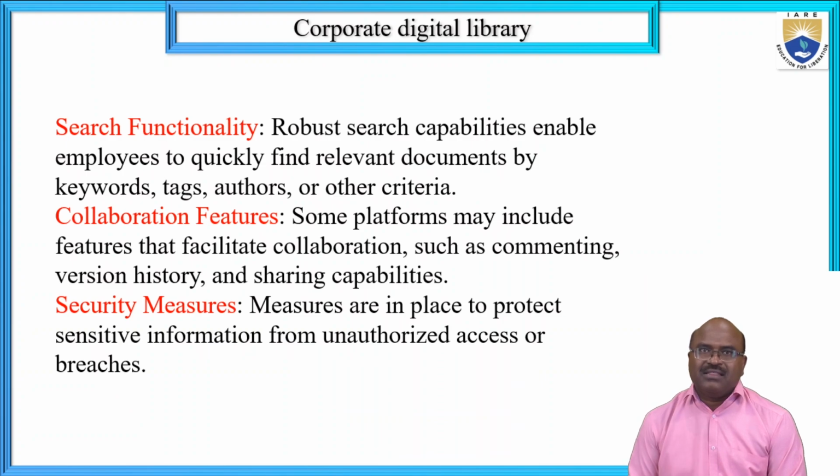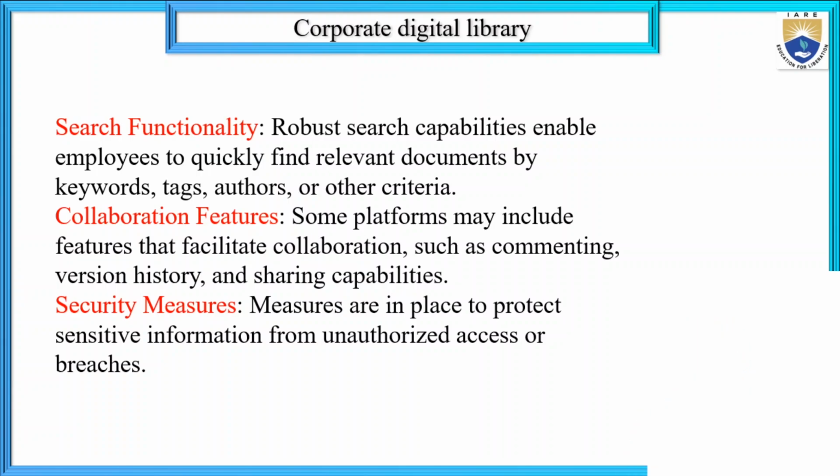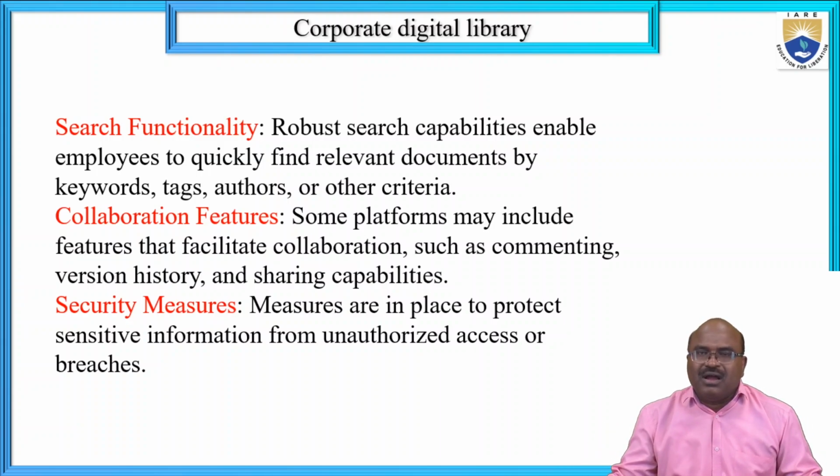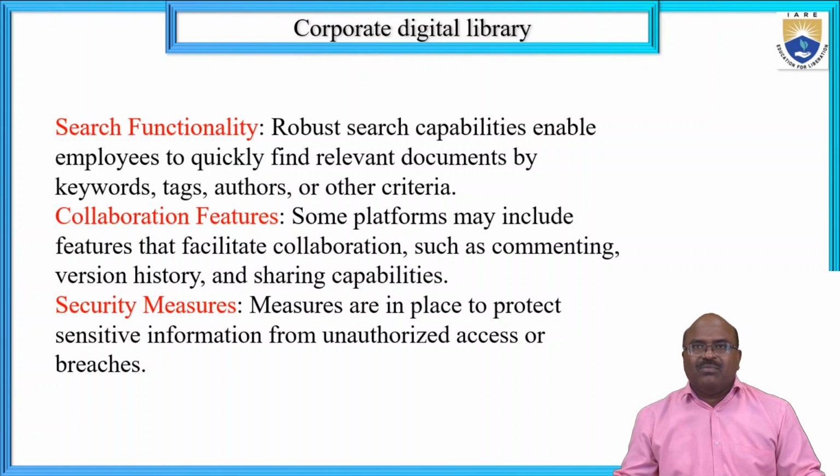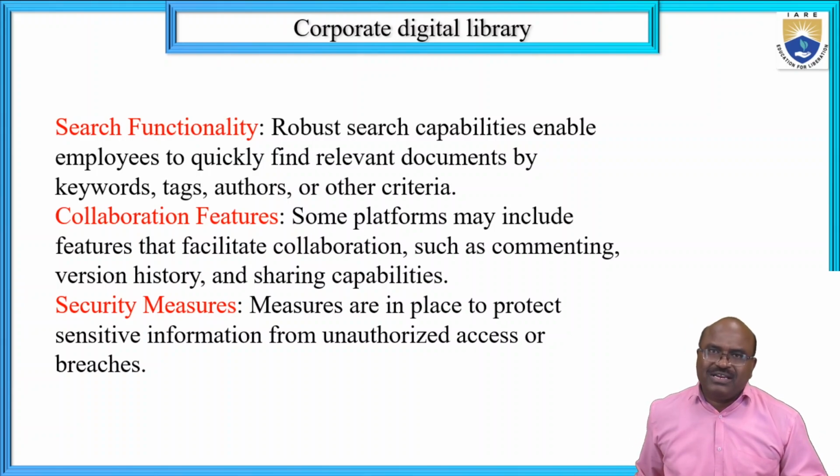Another important thing in corporate digital library systems, and one of the main factors among the library functions, is search functionality. In the digital library, much data is available, uncountable, unlimited data, terabytes of data. If you want a small piece of code in terabytes of data, how do you retrieve, analyze, and download it? There are some techniques, queries, and tools.